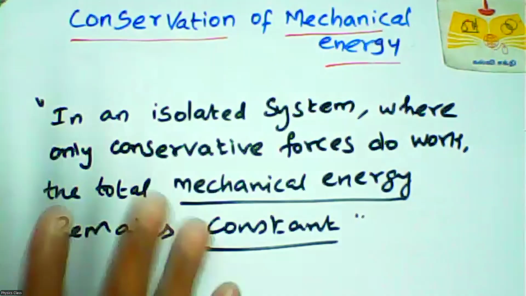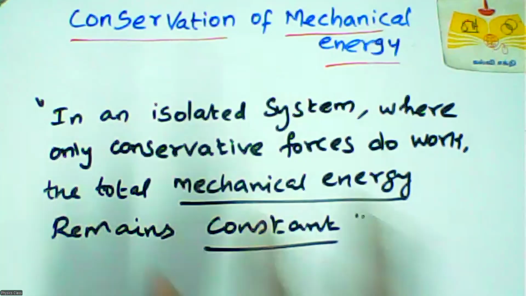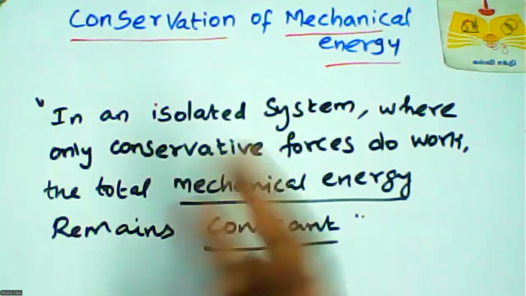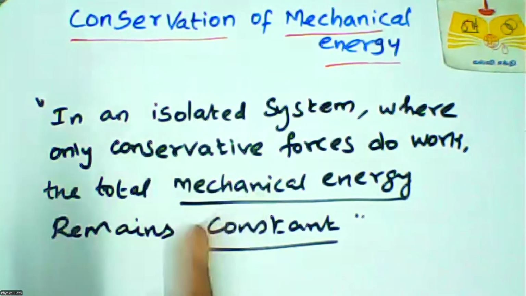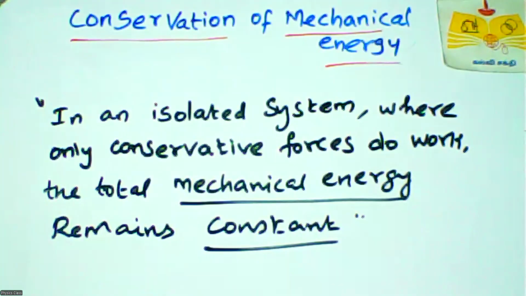Kinetic into potential, potential into kinetic, and kinetic into thermal, sound energy, light energy, this type of energy. One type of energy can change into another, but in the whole view, there is no loss of mechanical energy. Conservation means always the same, remains constant. This is the definition of the law of conservation of mechanical energy.